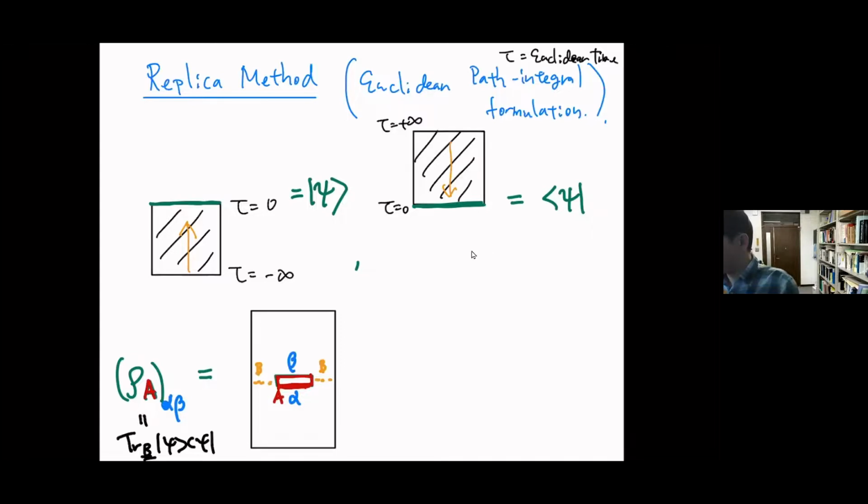Finally, we want to calculate the trace of rho_A to the nth power. This is the basic quantity we need to calculate the entropy.